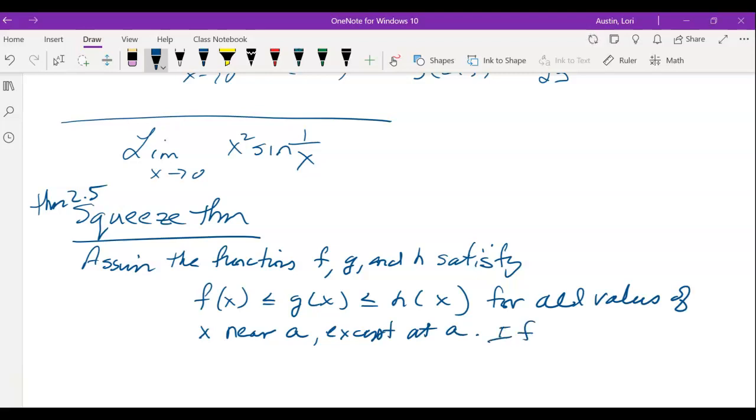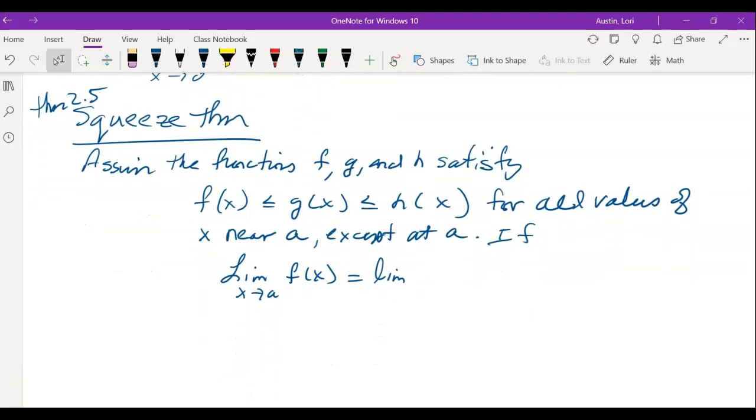If the limit of f of x as x approaches a equals the limit of h of x, I'm going to move this up a little, as x approaches the same a, they both equal some value L. That's our y value, okay?